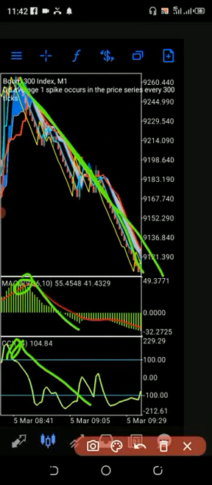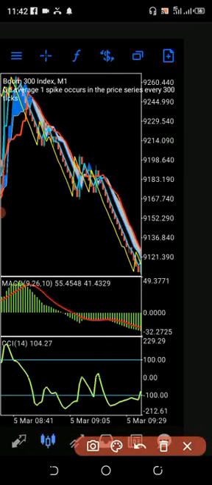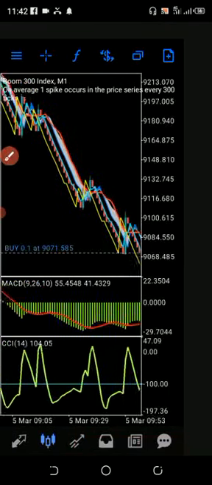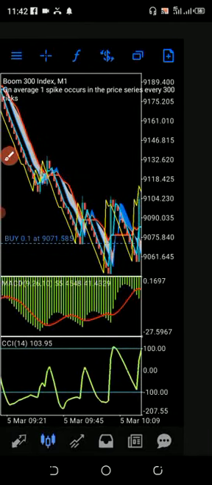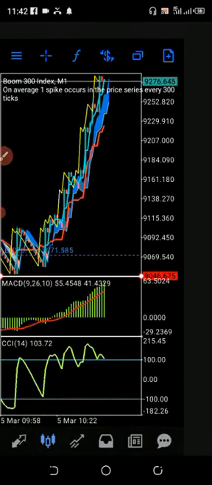And this is what happened. It dropped and it came back to this place until the market changes direction and starts forming something like this, like you are seeing here now.